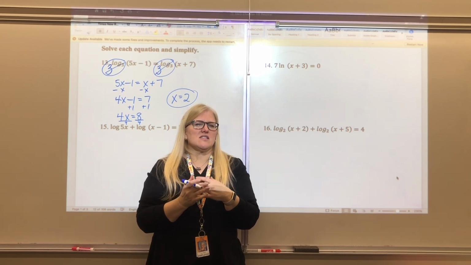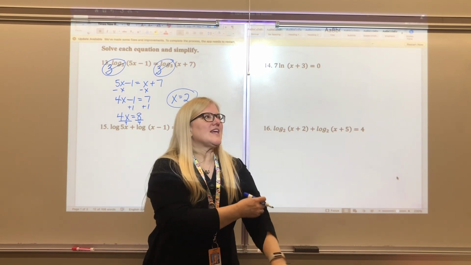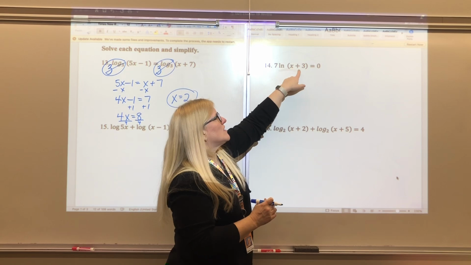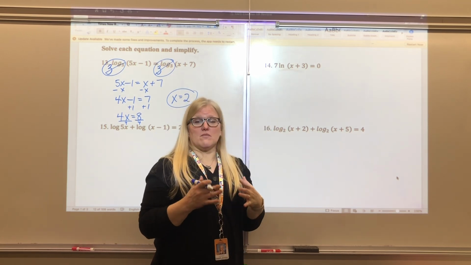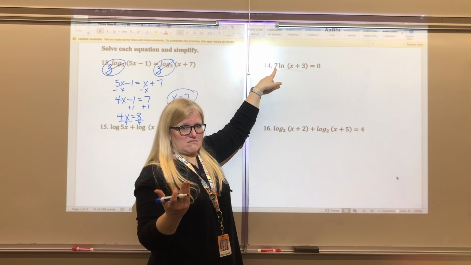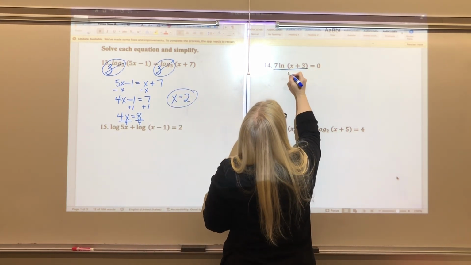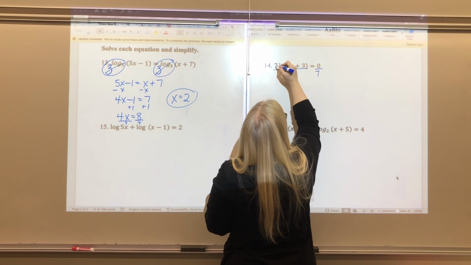In this case, though, we're going to divide it out first. We need to get this natural log by itself, the most that we can, and that 7 is not making it by itself. So I'm going to divide 7 out, both sides.